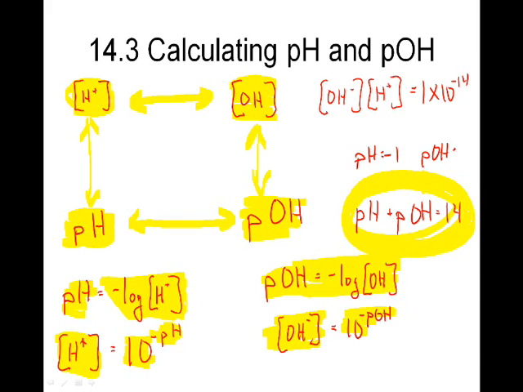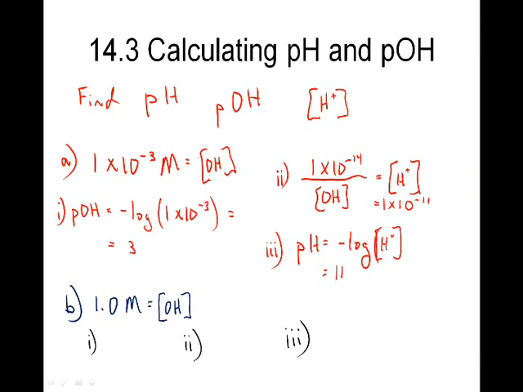Well, pOH would have to be 15 because they have to add together to make 14. Keep that in mind. It's really useful to know. And also keep in mind that the hydroxide ion concentration times the hydrogen ion concentration always equals 1 times 10 to the negative 14, so you can convert back and forth.